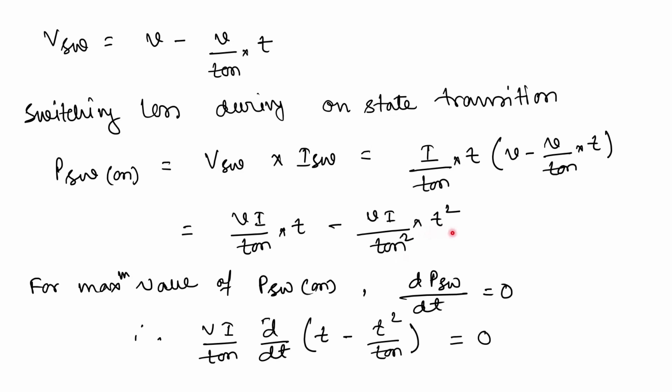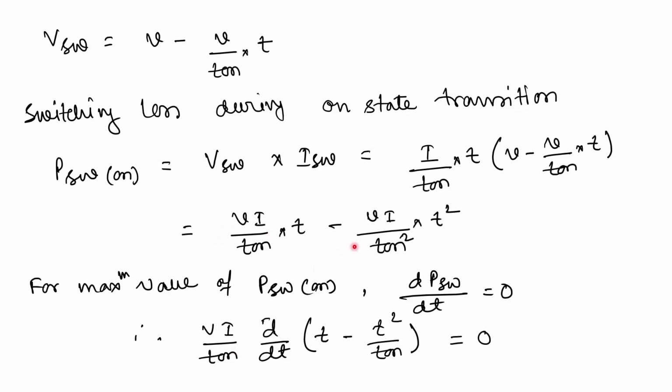small t square. We know that for the maximum or minimum value of this power loss, we have to take the derivative, and the derivative will be equal to 0. So dP switch by dt should equal 0. Make it derivative form.